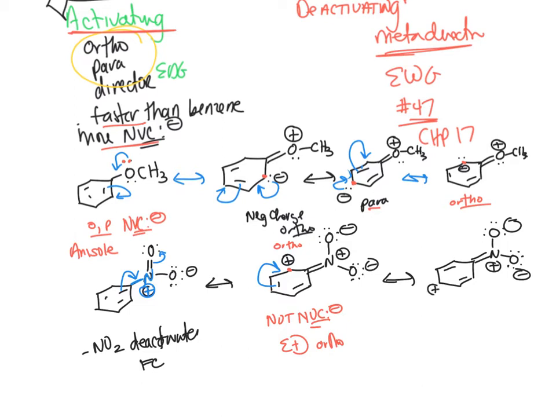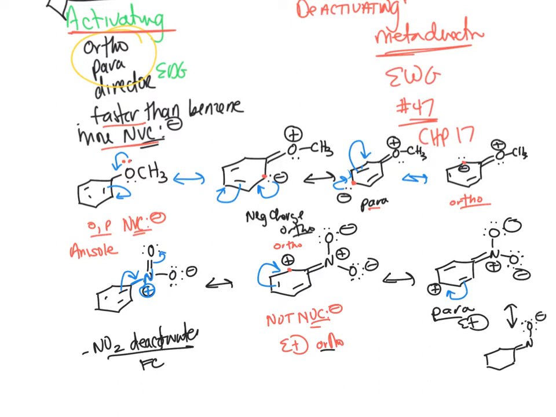And once again, you get a positive charge on the para position. So you would not want to attract an electrophile there. So this is why these are deactivators. They're making the ring less nucleophilic, and you're actually getting positive charges on your ortho para positions in these resonance structures.